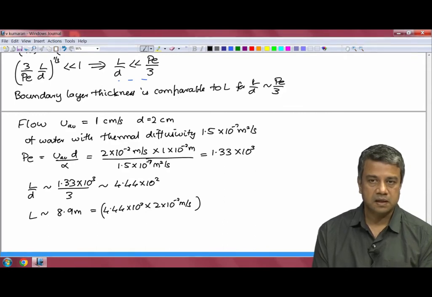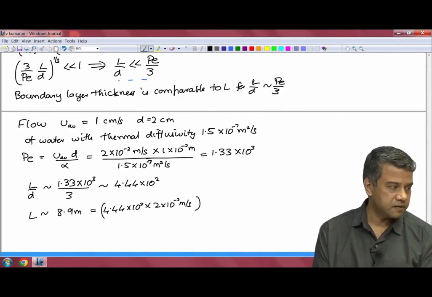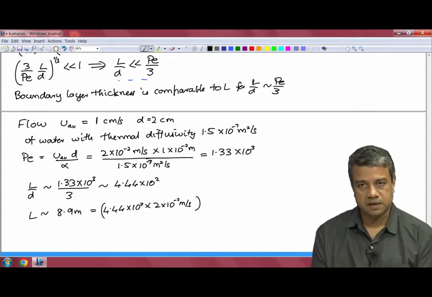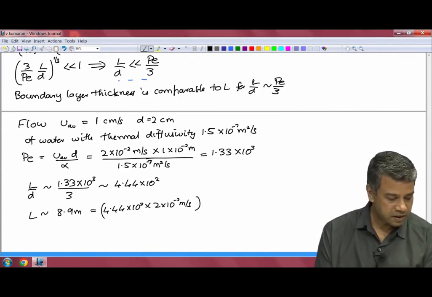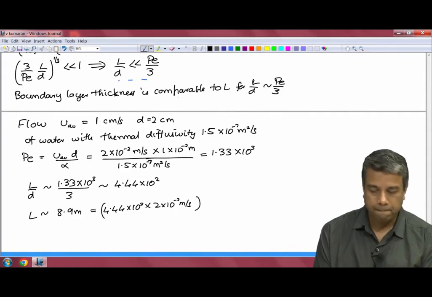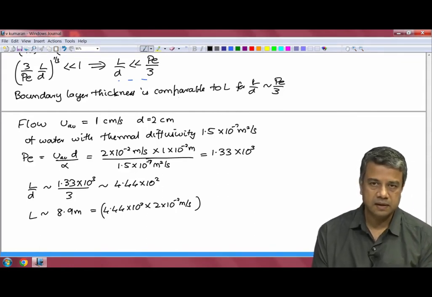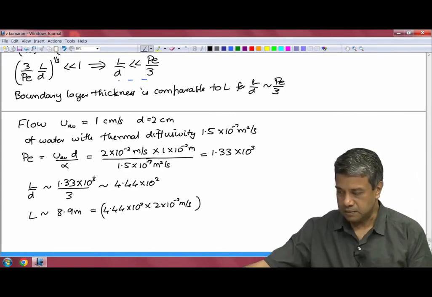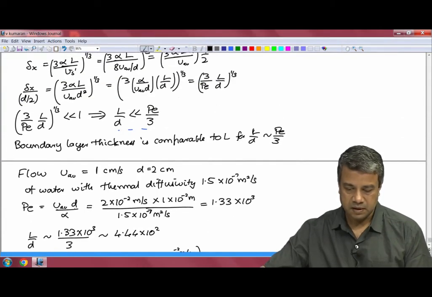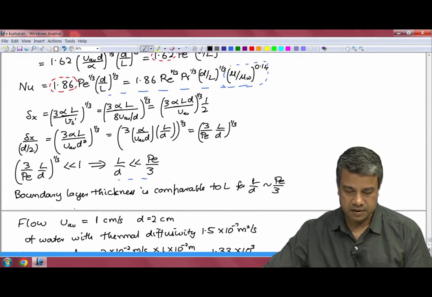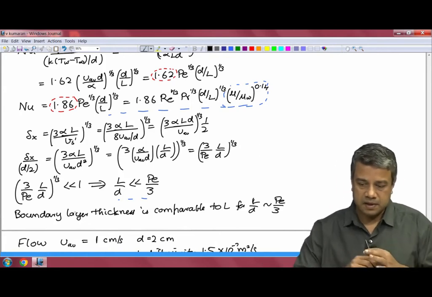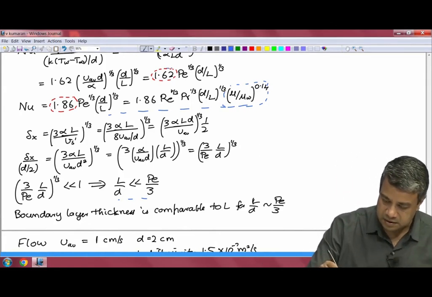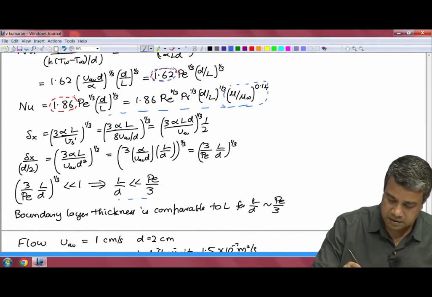Express the strain rate at the wall in terms of the average velocity and the diameter, and use that in order to calculate the correlation for the Nusselt number as a function of the Peclet number. And we get the same expression for the Nusselt number, except that this constant is slightly different.